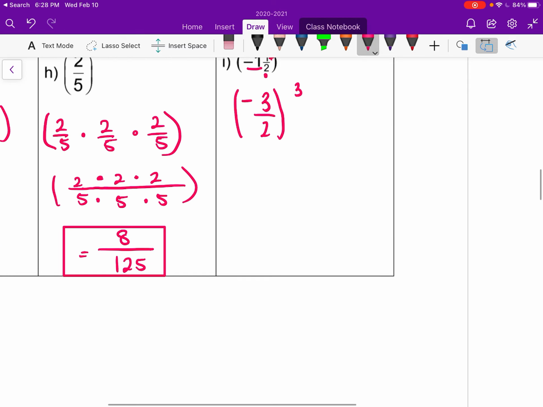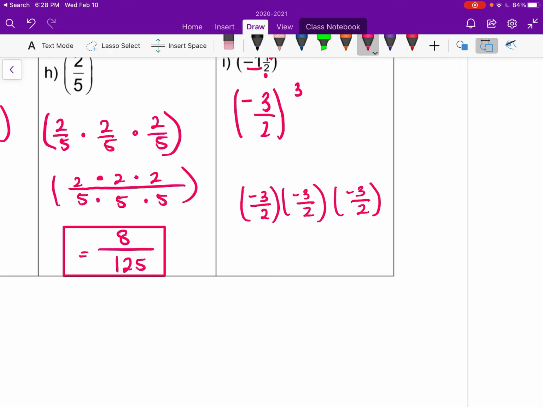Okay? So then you're going to do negative 3 over 2 multiplied by negative 3 over 2 multiplied by negative 3 over 2. And if you remember how to multiply fractions, you're going to do negative 3 times negative 3 times negative 3, in brackets, just good form to always keep stuff in brackets, over 2 times 2 times 2.